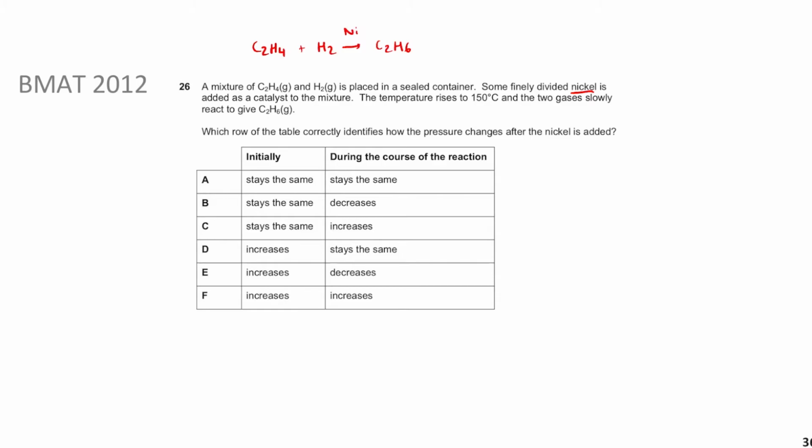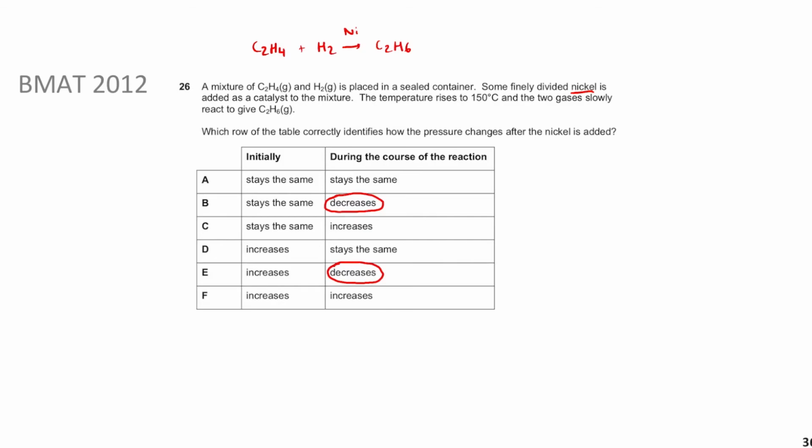Remember, pressure basically depends on how many things you have. So over the course of this reaction, you're going to end up with less things, right? So since you end up with less things, that means through the course of the reaction, your pressure should be decreasing. So that means that during the course of the reaction, it should be either B, or it could be this one as well. It could either be E as well, okay?